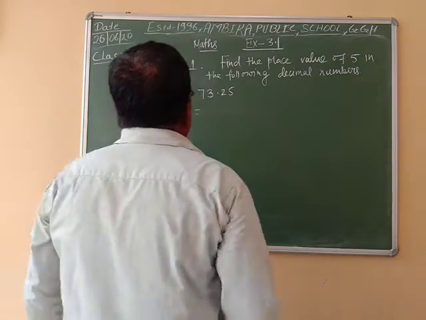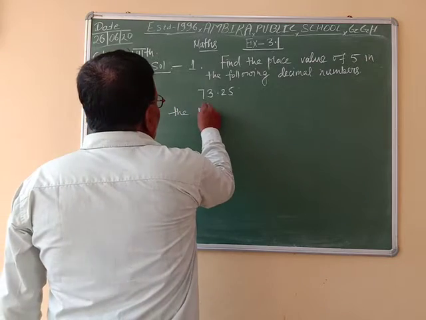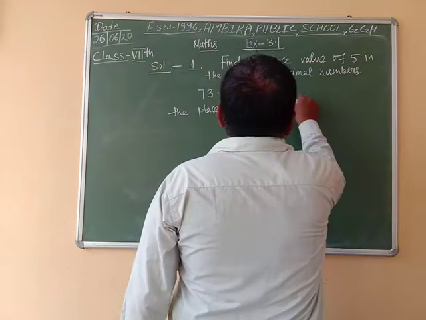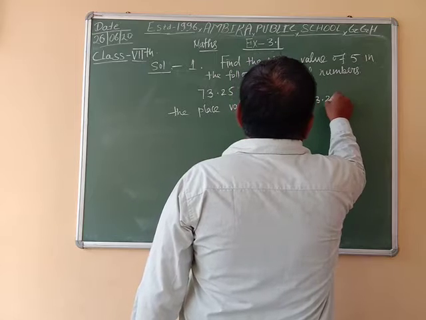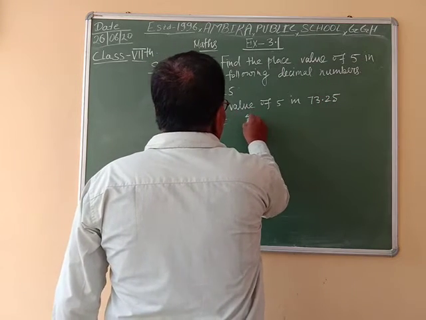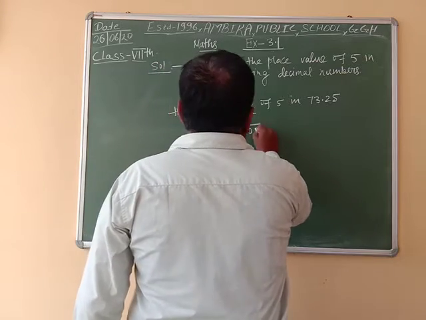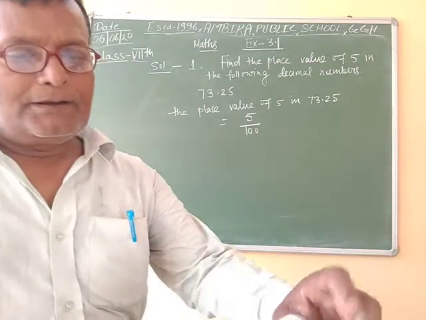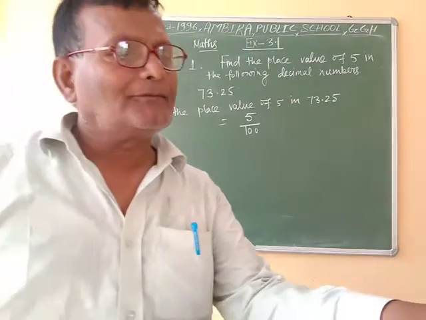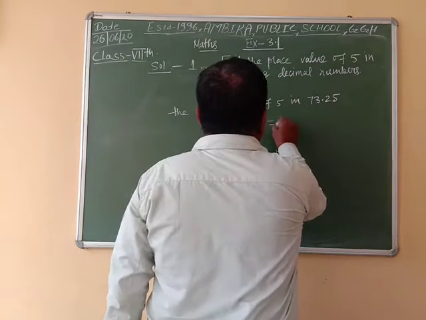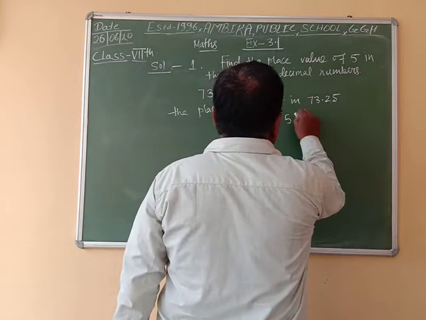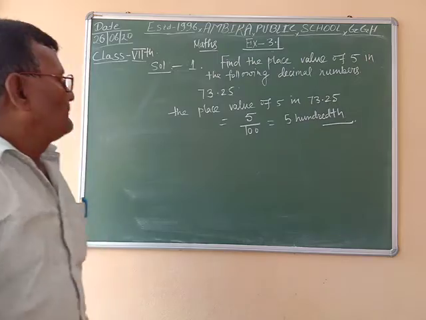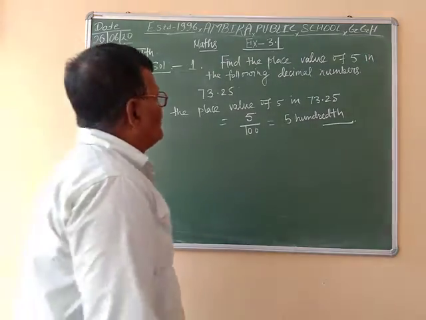So the place value of 5 in 73.25 is equal to 5 by 100, which is 500.